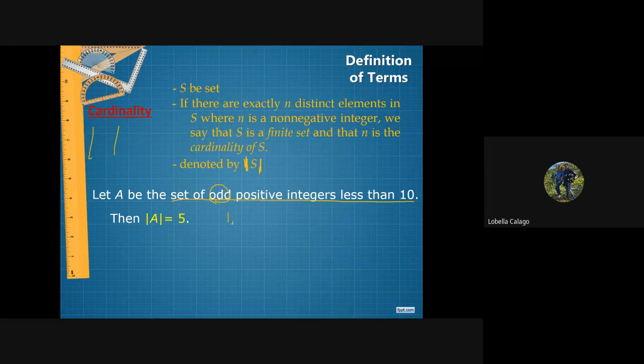So we have 1, 3, 5, 6 is not included, 7, 9. 10, 11 hindi na pwede ha, kasi less than 10. So here we have only 1, 3, 5, 7, 9. These are the odd positive integers. So if we're going to count how many elements, we have 1, 2, 3, 4, 5. That is why the cardinality of the set A is 5.